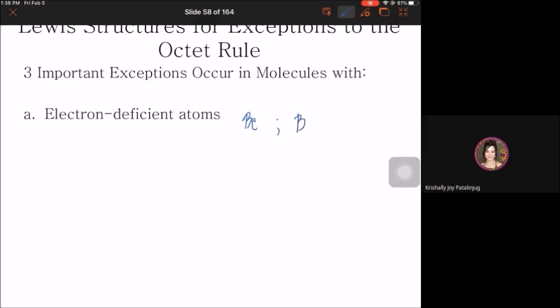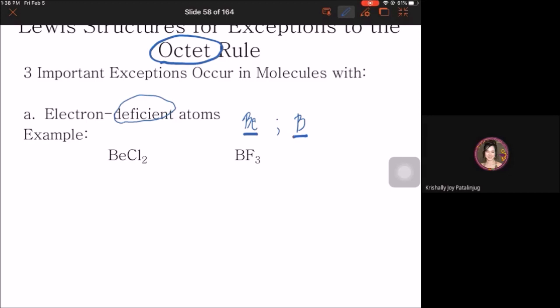Beryllium and boron, in most of the gaseous molecules, kapag naging central atom sila, they are often considered electron deficient. Pag sinabing deficient, kulang. So mula 8 electrons ng octet, pag electron deficient, lower than 8 naman yung surrounding electrons in that central atom.